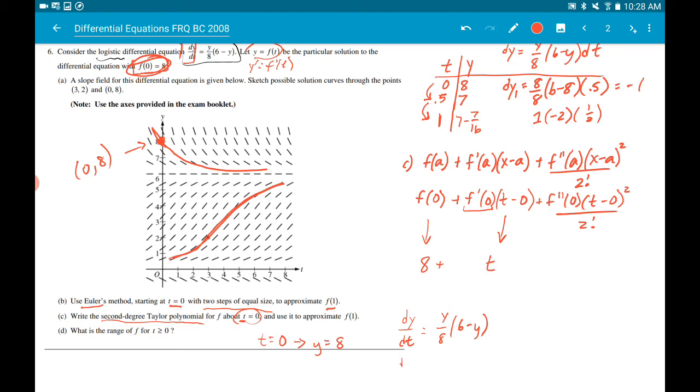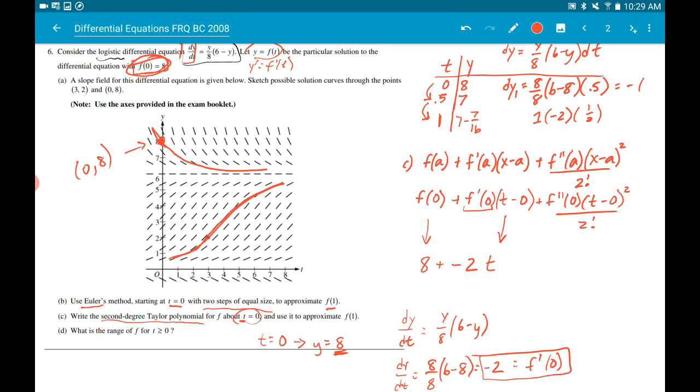And so to find that slope, dy dt, I would plug in the 8 here. And it looks like I'm going to get a negative 2. That is f prime of 0, which is the thing required for this Taylor polynomial. So that's going to be a negative 2 here.